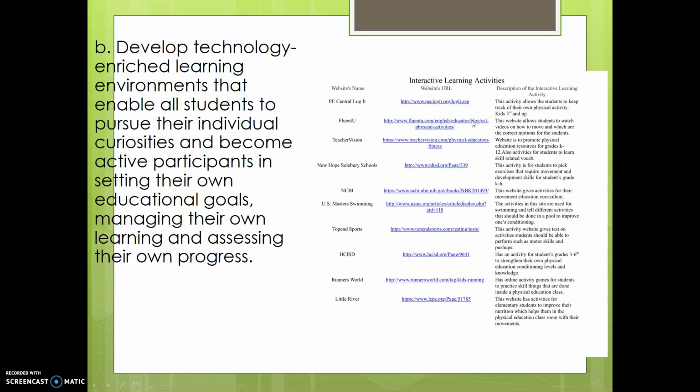Students can use these different sites to learn educational processes and track their progress while they're learning. Students can pursue their individual curiosities by being able to click on any of these websites that interest them and further their knowledge by logging personal progress into the website.